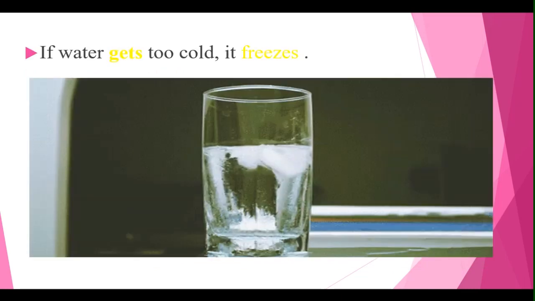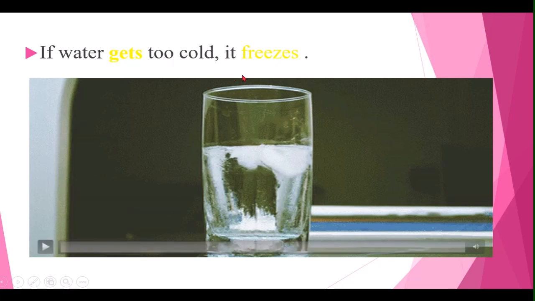The sentence number 2: if water gets too cold, it freezes. Now, can you find the verbs? Good, we have two verbs, gets and freezes. Both of them are conjugated in which tense? Great, in simple present. Now we have two clauses. Can you find the if clause?